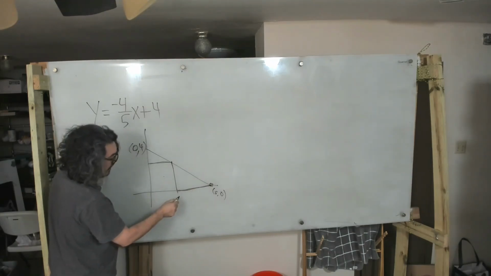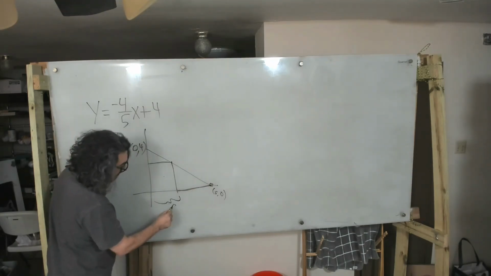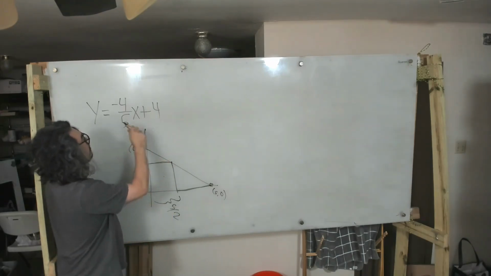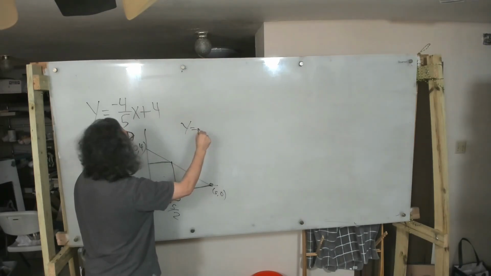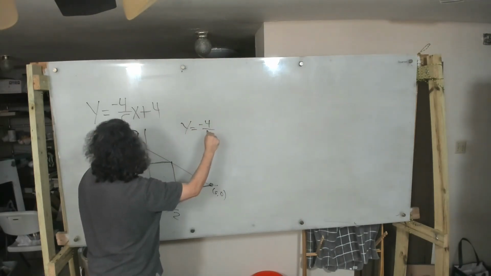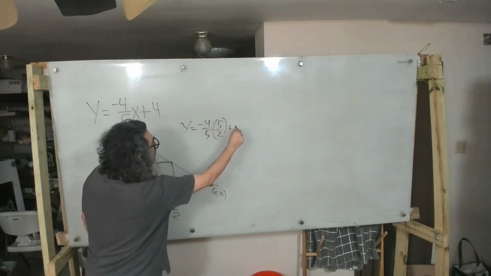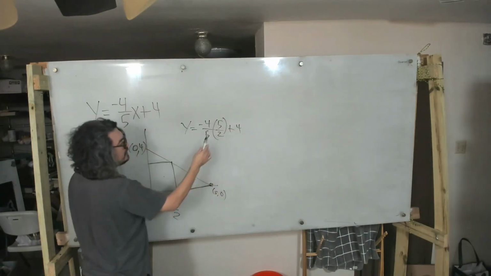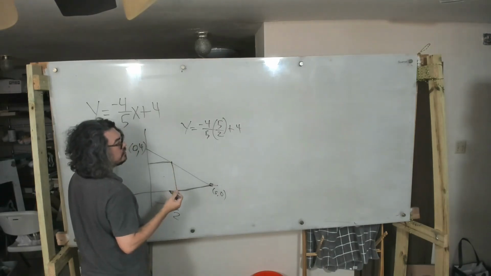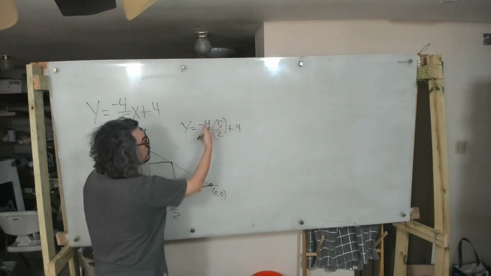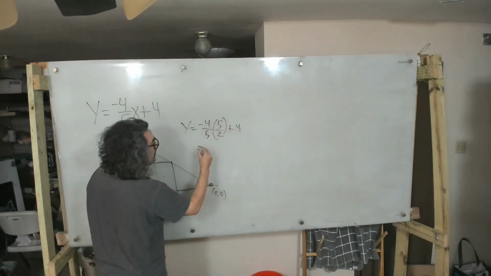And this rectangle has width 5 over 2. And for the height, we could plug that in here. y equals negative 4 over 5 times 5 over 2 plus 4. You can see that 5 divided by 5 cancels. Negative 4 divided by 2 is negative 2. So negative 2 plus 4 is 2.